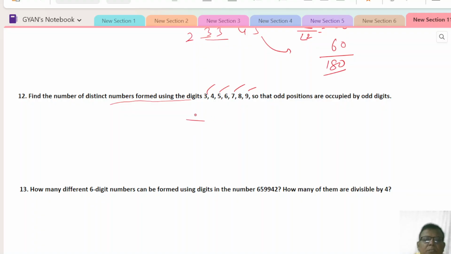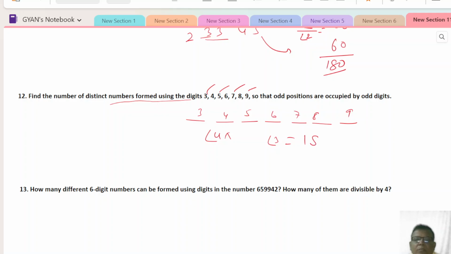So odd positions are occupied by odd digits, and these four places will be occupied by four, and the even places will be occupied by even digits. So this will be factorial 4 and factorial 3. Factorial 4 into factorial 3 is equal to 144.